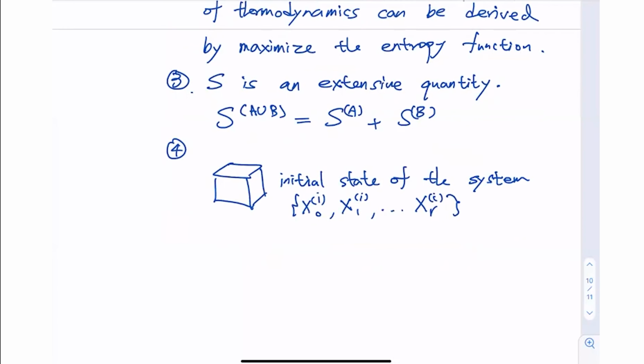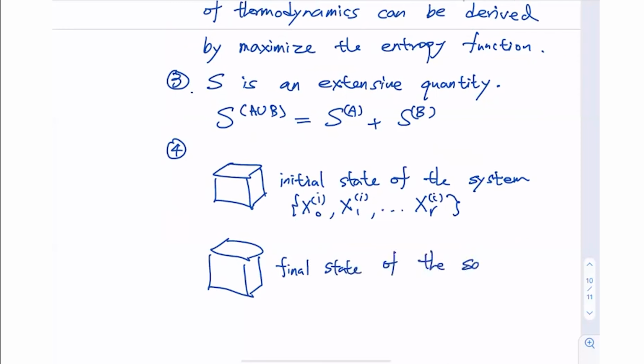And suppose there's another state, let's call it the final state of the same system. This final state can be characterized by the same set of extensive variables, but now I'll just label them by F.